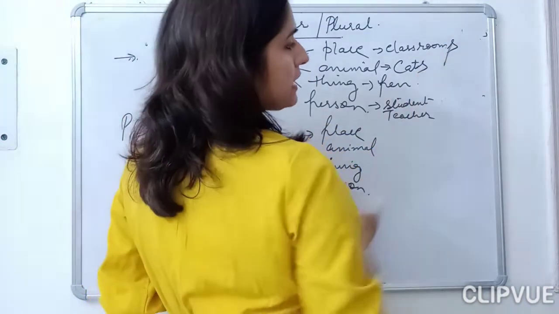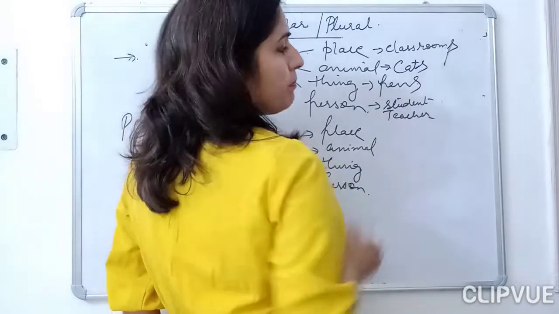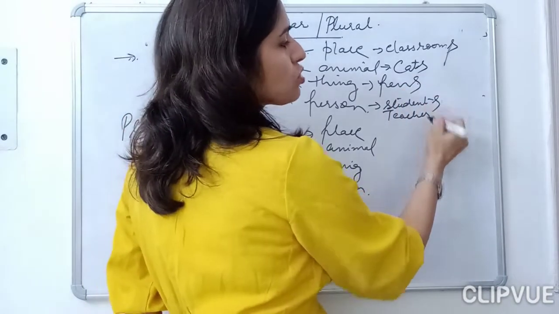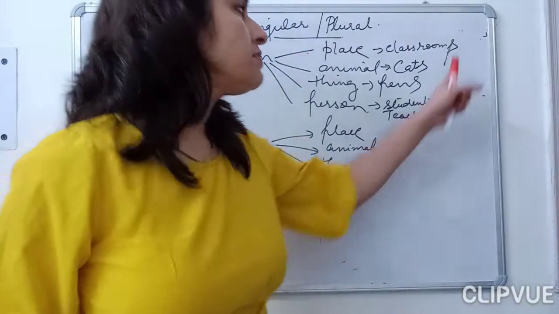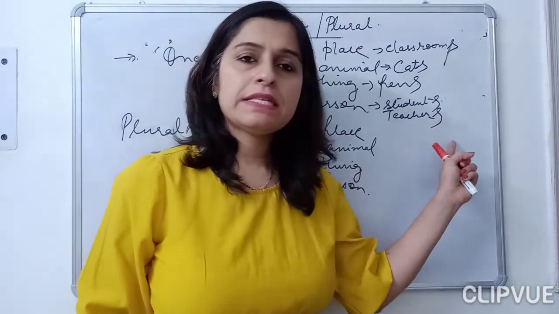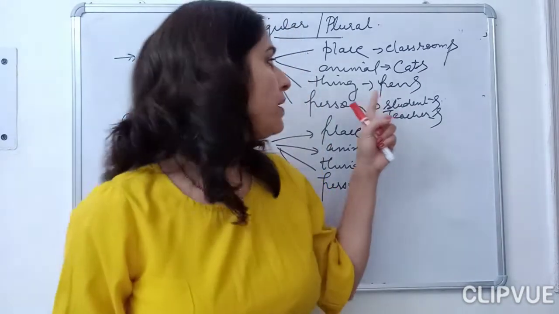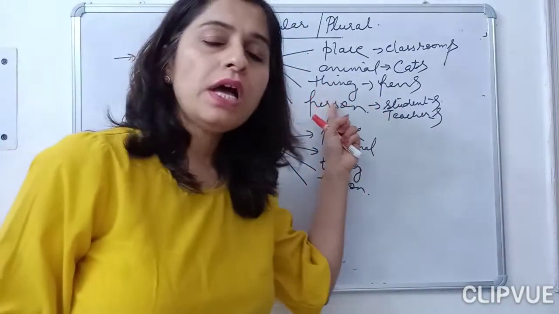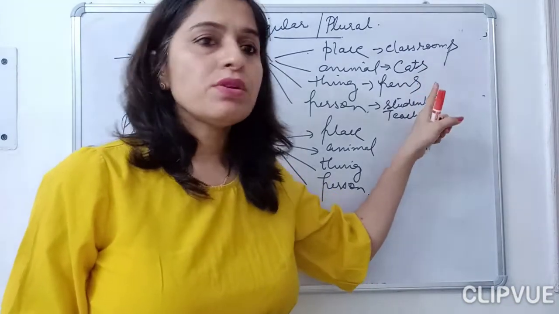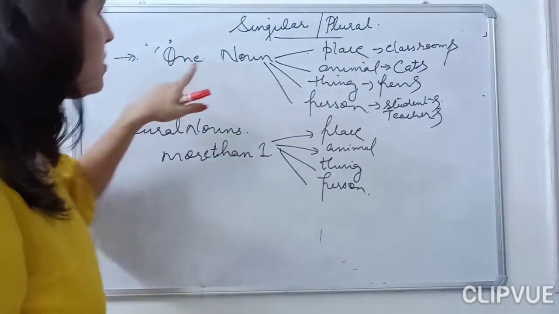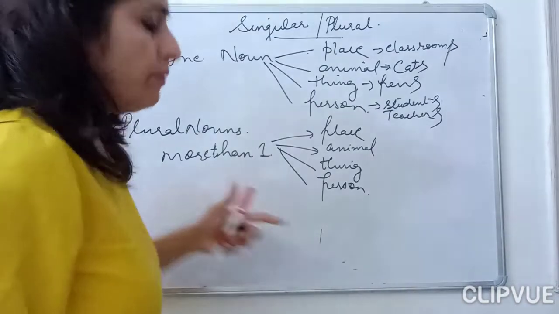Cat, cats. Pen, pens. Student, students. Teacher, teachers. So, children, see, by adding s to my singular nouns, I have made them into plural nouns. This is called a singular noun and this is called a plural noun.